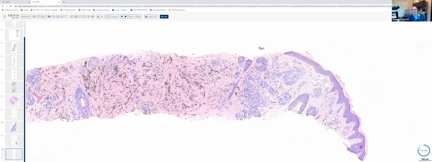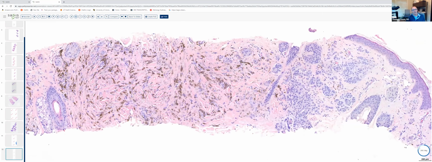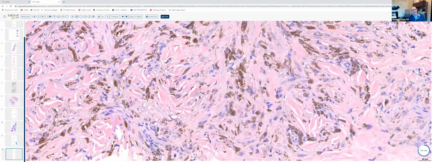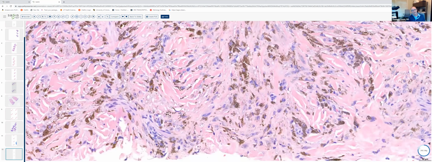And centrally, we've got embedded within a sclerotic stroma, a second distinct morphologic population of melanocytes. Some of these are dendritic, others have spindled or fusiform shaped nuclei. They're arranged in short intersecting fascicles, and in between the dendritic and spindled melanocytes, we have very heavily pigmented melanophages, all set in a sclerotic stroma.